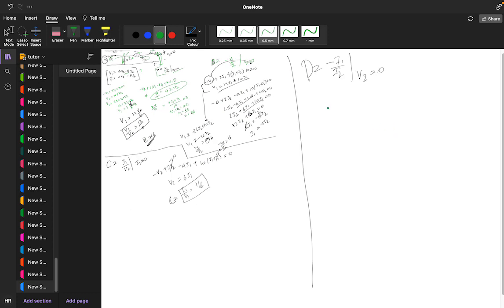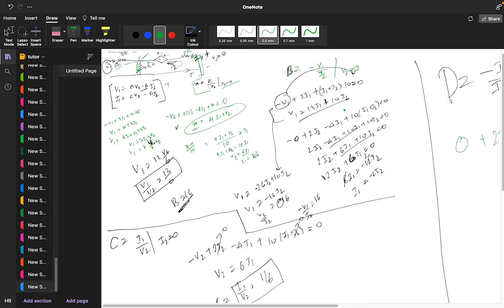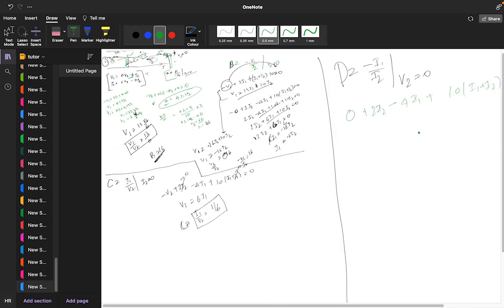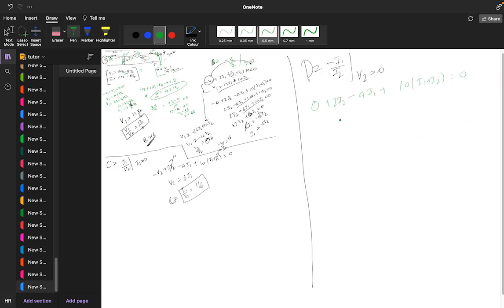So you will get 0 plus 2I2 minus 4I1 plus 10 times (I1 plus I2) is equal to 0. So you are getting, this part will come 10 I2, it will be 12 I2, and 6 I1 is 0.